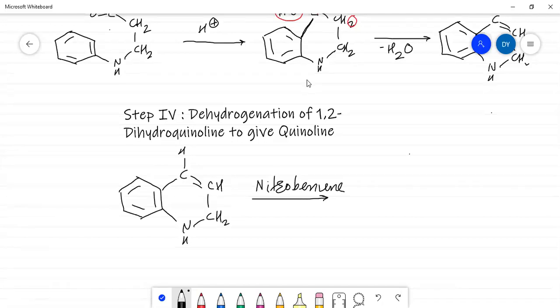Now this nitrobenzene removes one hydrogen from nitrogen and one hydrogen from this CH2 to form our required product.